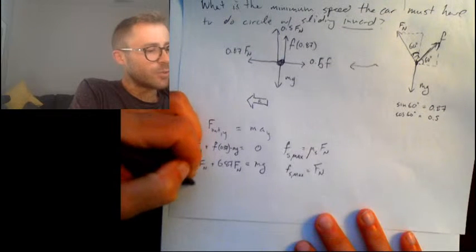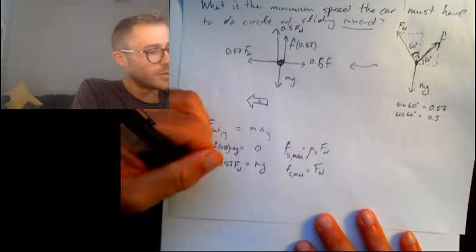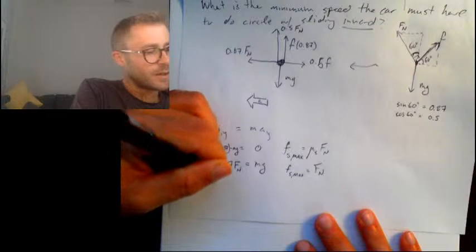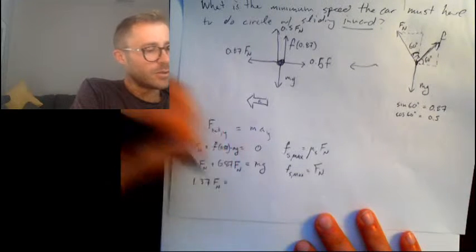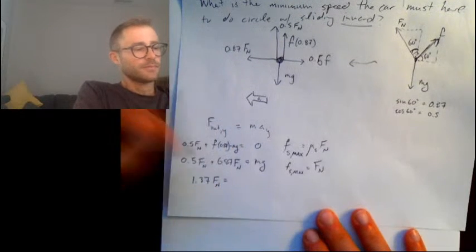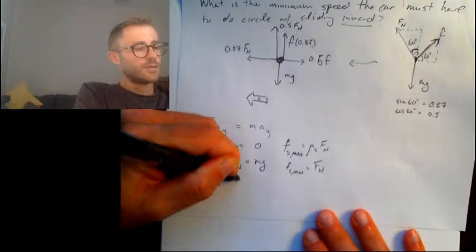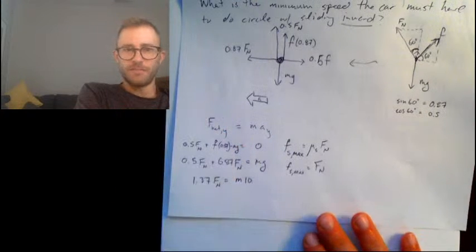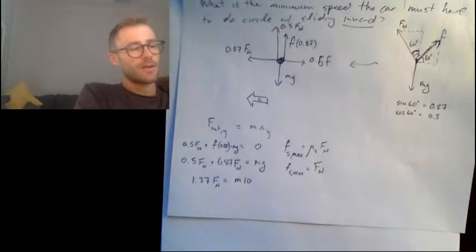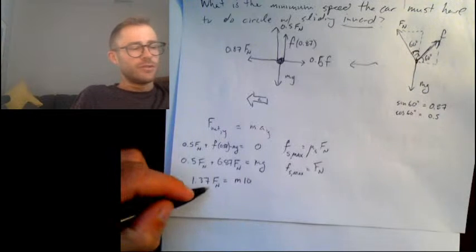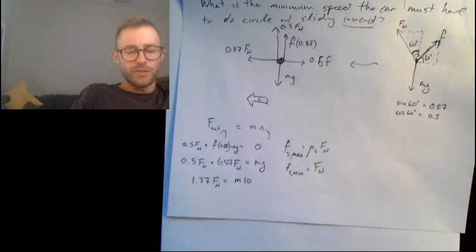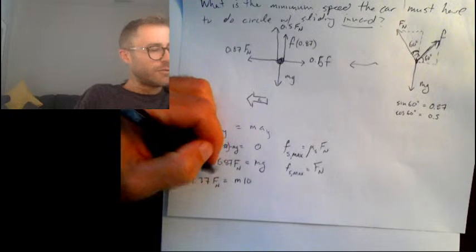Combining those, this is 1.37 F sub n equals m times 10, because gravity is 10. Dividing both sides by 1.37 gives us 7.3.